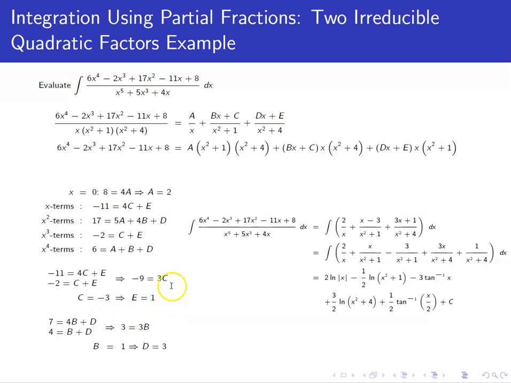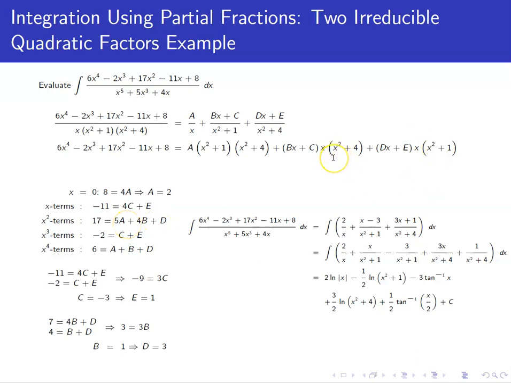All right, to figure out what b and d are, let's look at the other terms. How do we get an x squared? Well, the coefficient on the left-hand side is 17. On the right-hand side, I can get an a times x squared times 4, or a times 1 times x squared. So to get an x squared out of this product, you would get 5a.